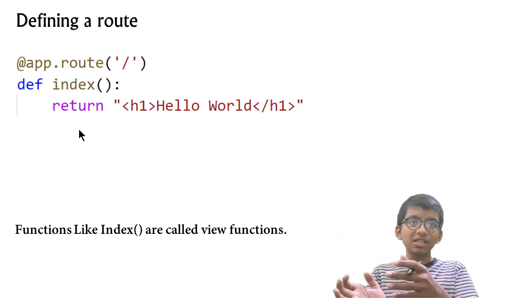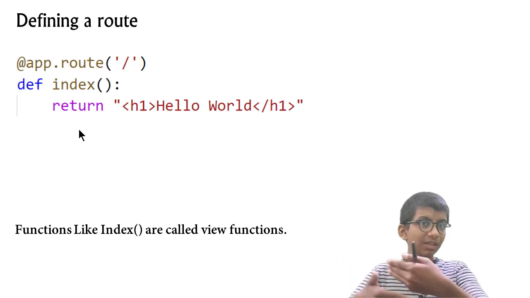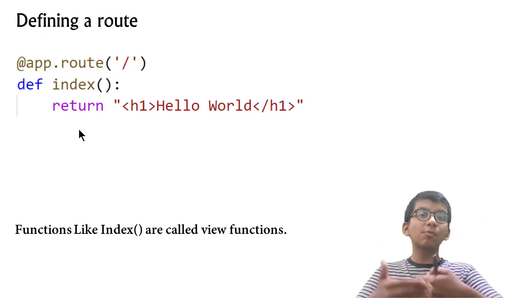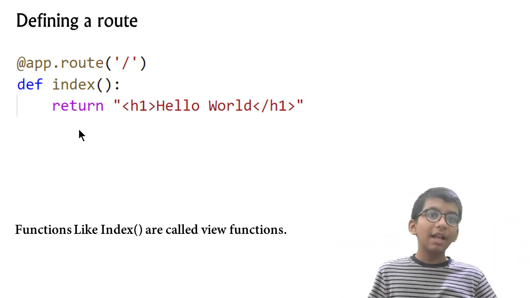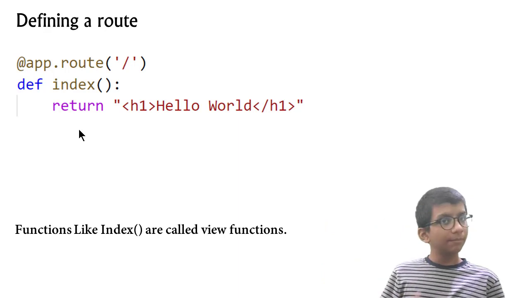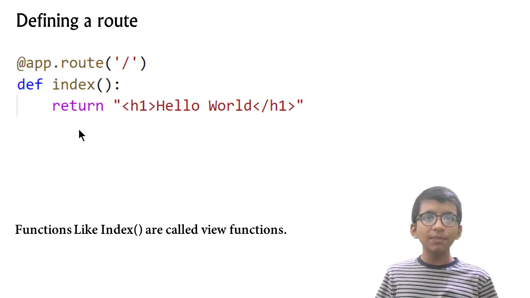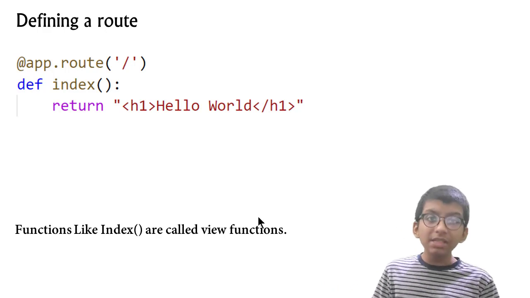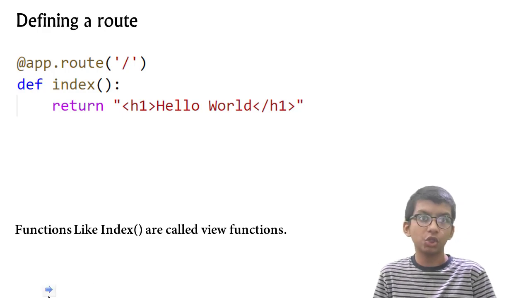The application instance triggers this index function, and whatever the result of the index function is, it is given as a response to the web browser, and the web browser then shows it to the user. Okay, no worries. Is it very clear about routes? If you have any problem, please feel free to comment down below. I will be happy to answer your questions.